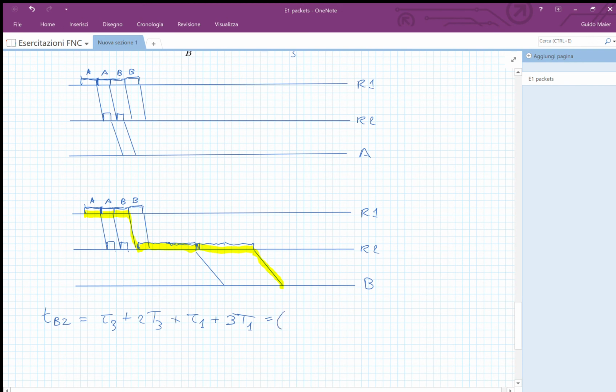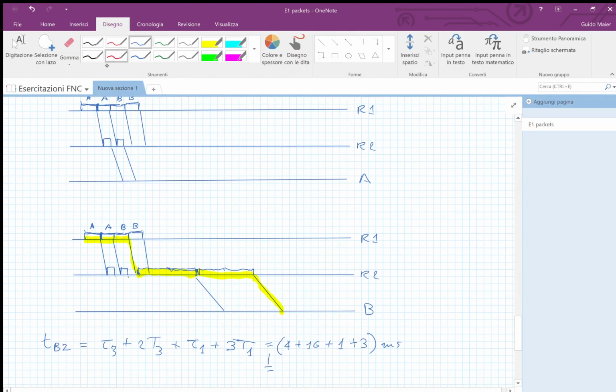This is giving 4 plus 16 plus 1 plus 3, and it should be, oh no, sorry, this T1 is equal to 2 milliseconds. So this is 6. It's 27.